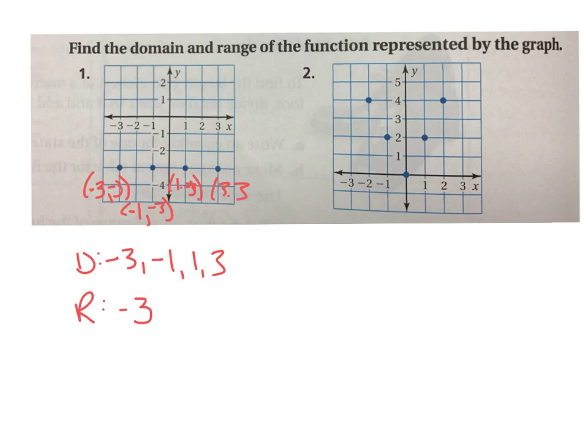Okay, so let's find the domain and range of the next function. I always start at the leftmost point. So this one up here, what's this one? Yep, -2, comma, 4. Next one? -1, 2. Very good.